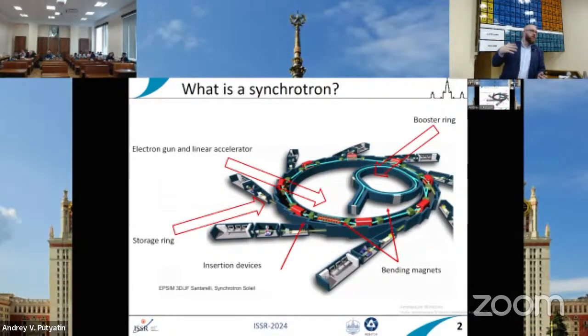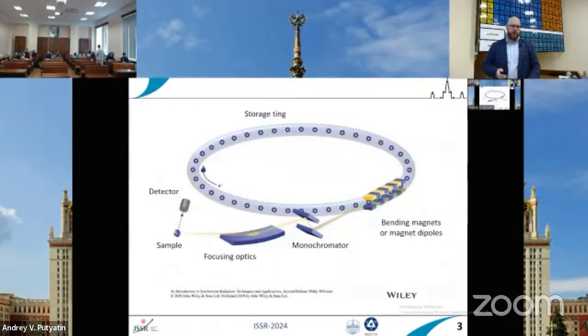It can be X-ray diffraction, micro X-ray diffraction, tomography, EXAFS analysis that we will talk about, and many other techniques, including even Mössbauer spectroscopy using the synchrotron radiation. So there are a lot of different possibilities.